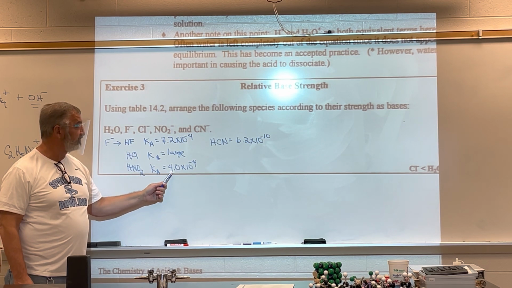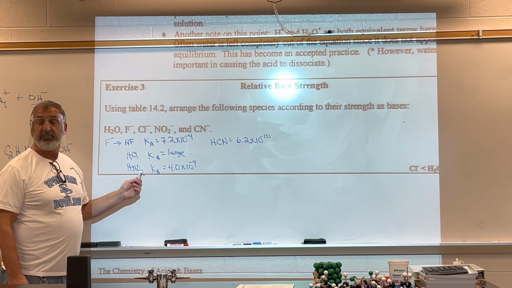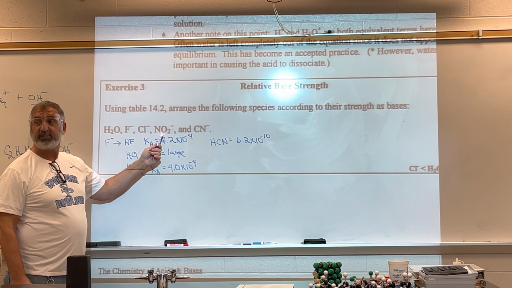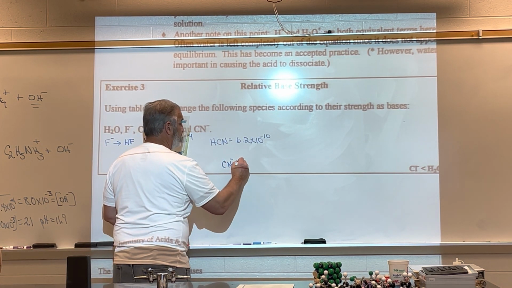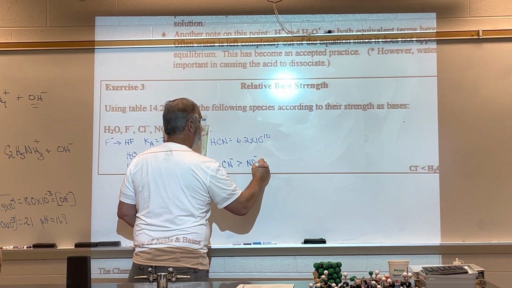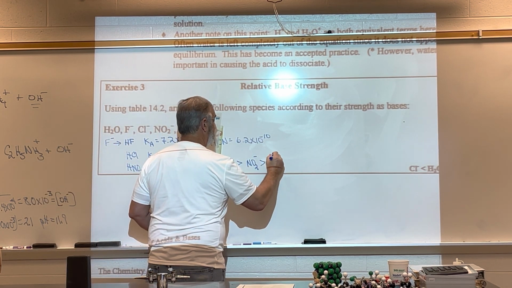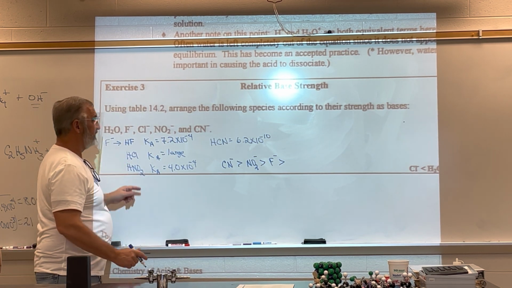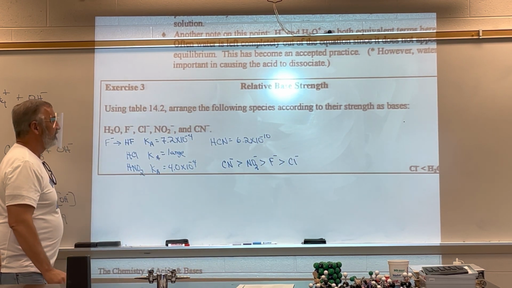So that means that this number is smaller than that number, so that makes this one my next weakest acid, so therefore NO2 minus is the next strongest base. So we're going to go CN minus is greater than NO2 minus, which is greater than F minus, which is greater than Cl minus.